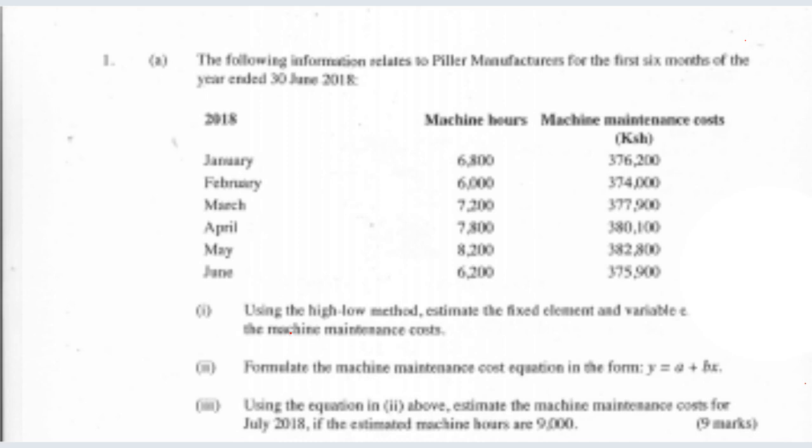So we replace the value of x. Remember, the machine maintenance cost was our y. Y is equal to 350,000 plus our b, which was 4 shillings, into brackets 9,000.